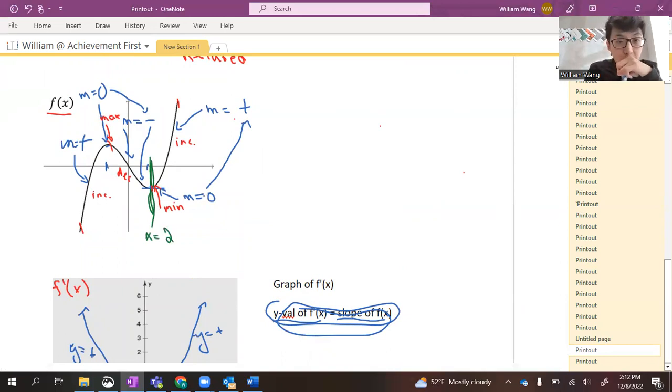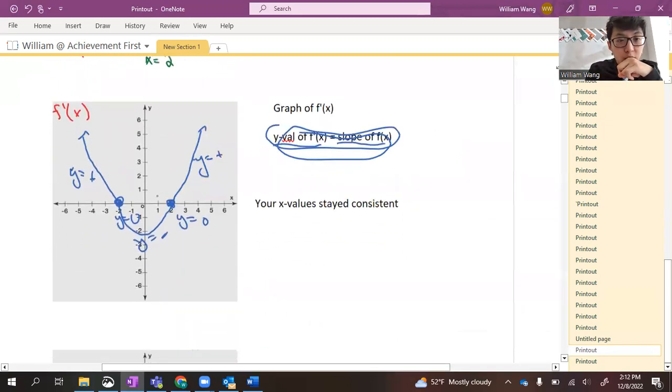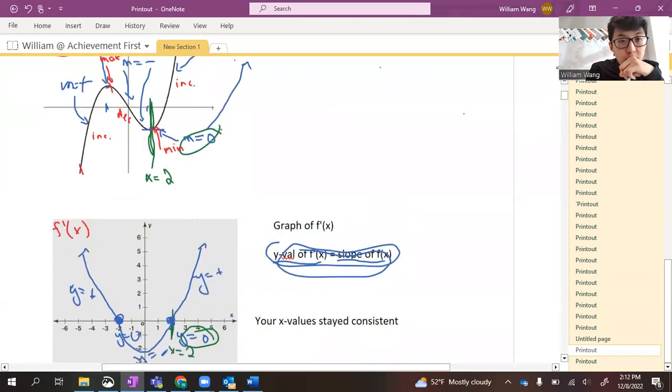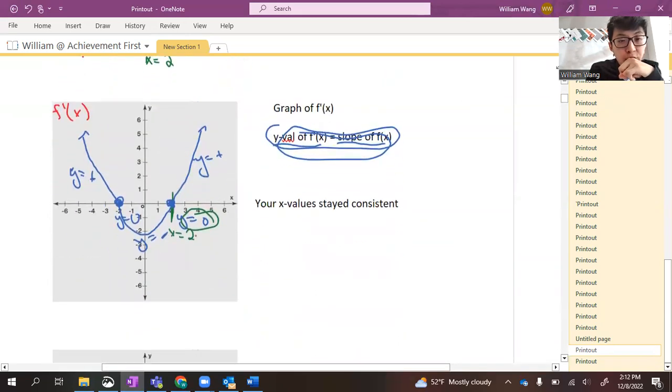At x equals 2, my slope is 0, right? Well, that was also reflected here. My x value is 2, and that's why my y value is 0. X value is 2, my slope is 0. Well, in my derivative graph, x value of 2 means my y value is 0. All right. Hopefully that takeaway also makes sense.